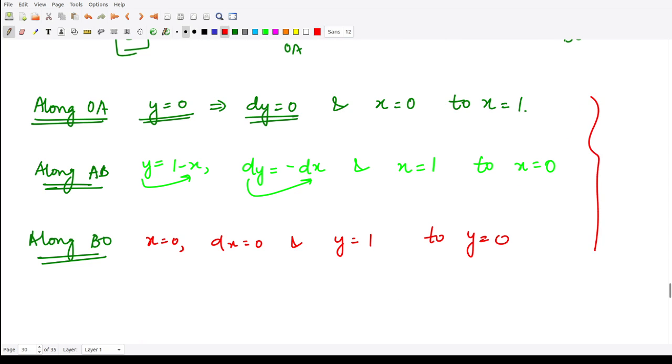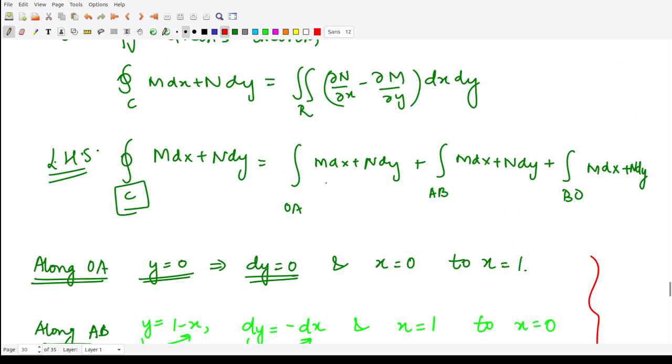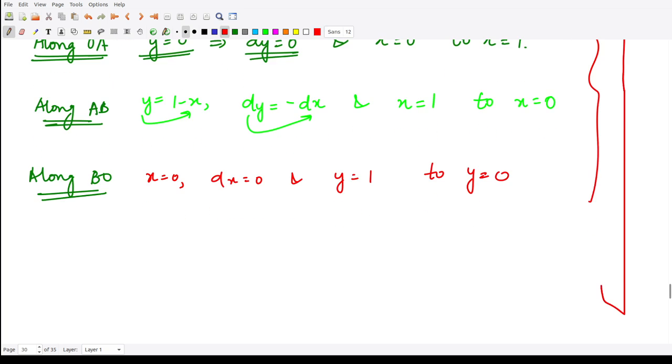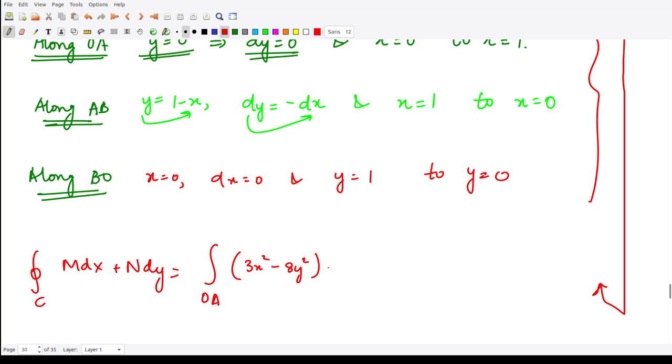Now you have all these three values. So accordingly we can calculate these quantities. So let's have a look and calculate these quantities here. So our closed integral over C of m dx plus n dy now becomes equal to integration over OA of the quantity 3x square minus 8y square dx plus 4y minus 6xy dy, right?